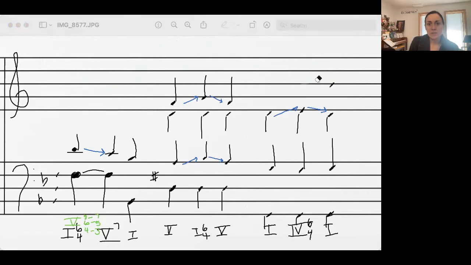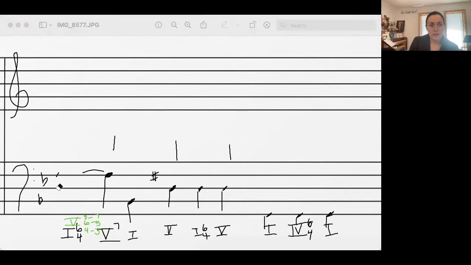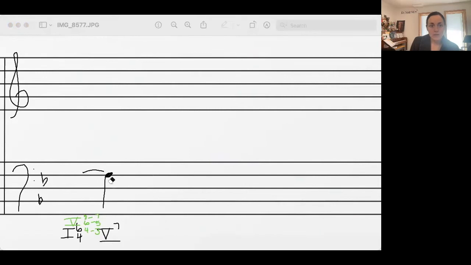So the next big one is a passing 6/4. And again, this can have a couple of different permutations, where cadential 6/4 was a 1 6/4 and had to always be a 1 6/4 going to a 5. The passing 6/4 is a little bit more like our pedal 6/4, where it can take on a couple of different permutations.